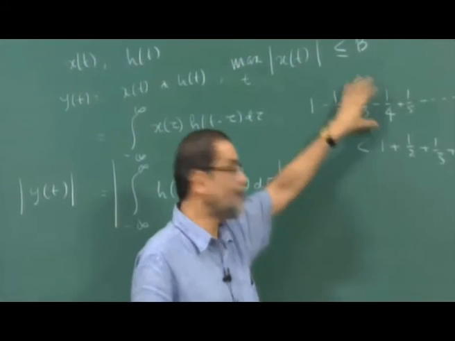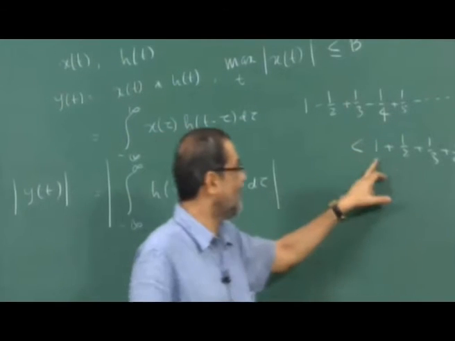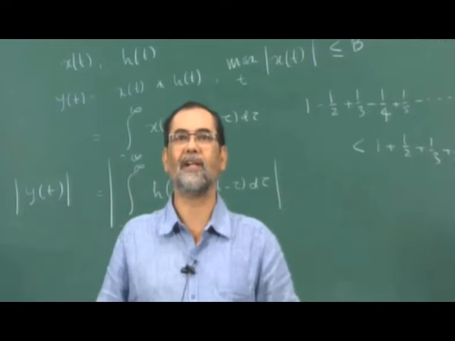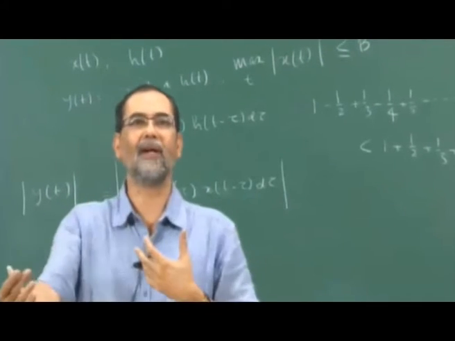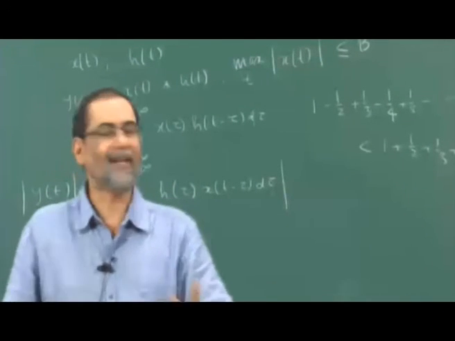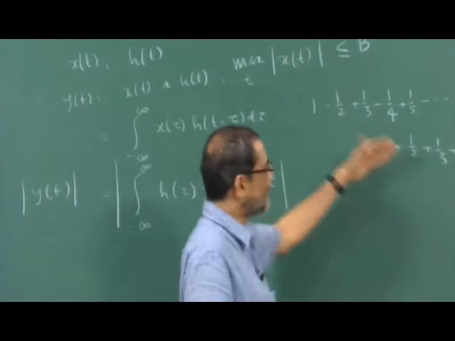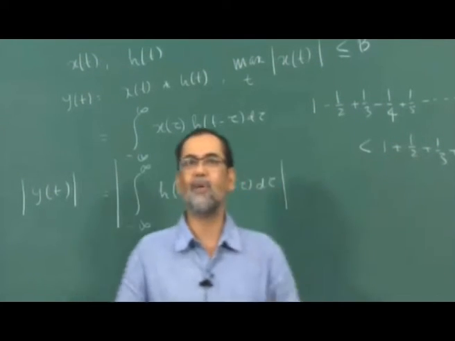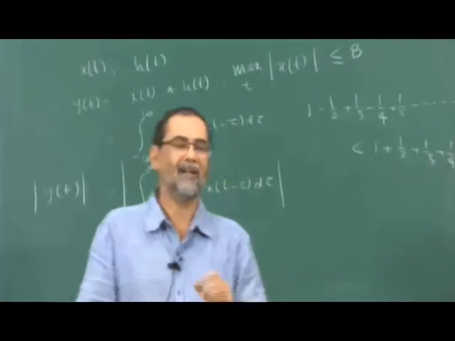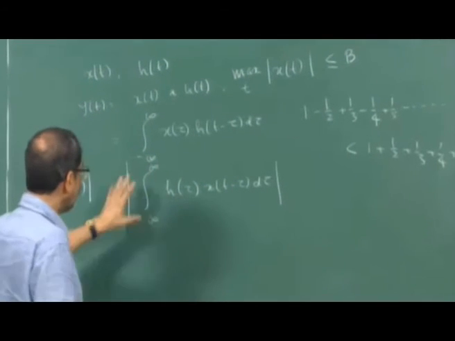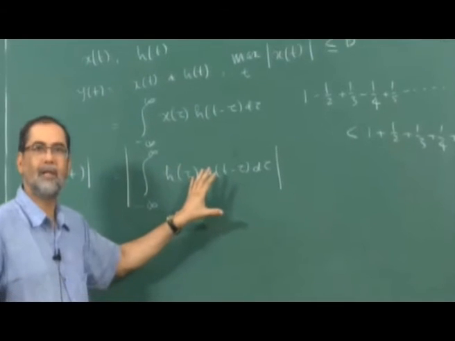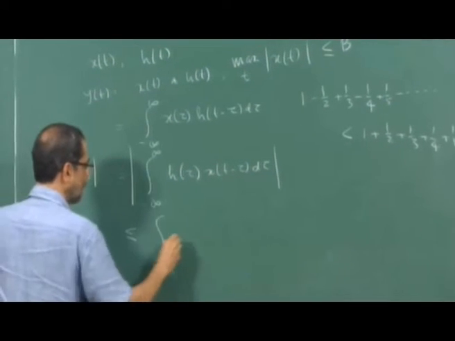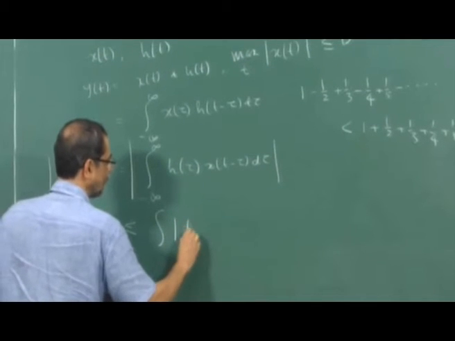Here every term is positive, there some are positive, some negative. So I make use of this idea and say that the absolute value of the integral is less than or equal to the integral of absolute values.